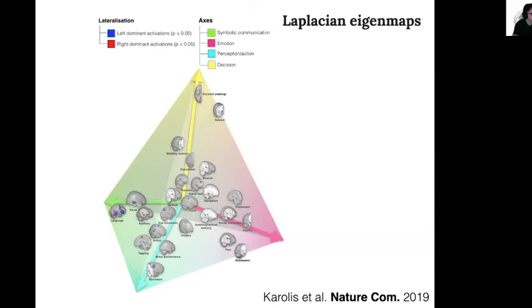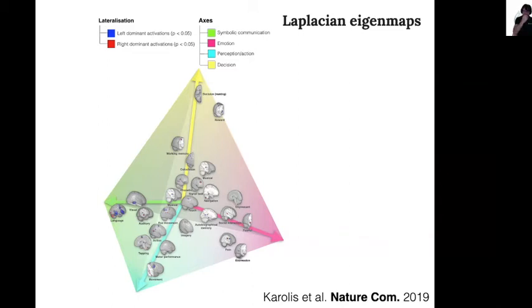Those functions were organized according to four axes: an axis of symbolic communication, another one dedicated to emotion, another one dedicated to perception and action, and finally a last one centered on decision making.